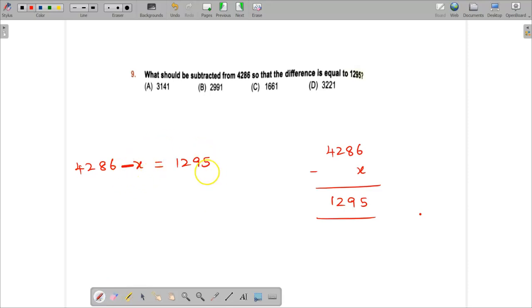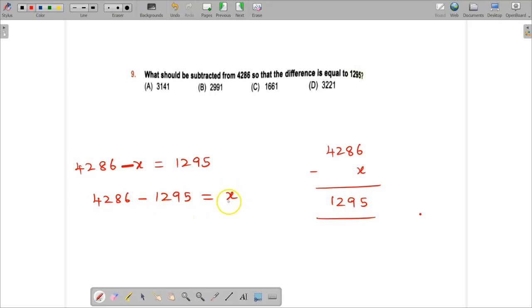So take x to the right hand side and this value to the left hand side. So 4286, take this value to the left hand side. So plus 1295 will become minus 1295, and then minus x will go to the right hand side, it will become plus x.